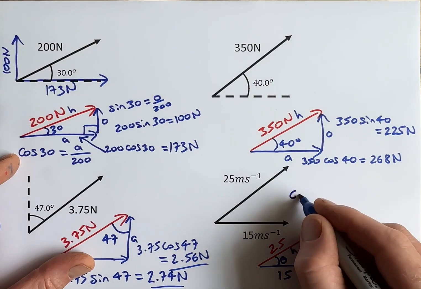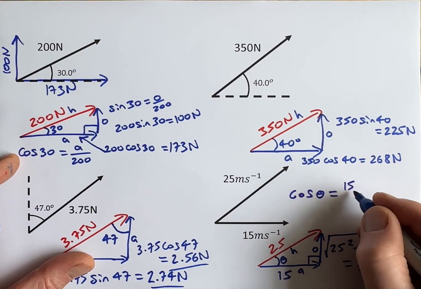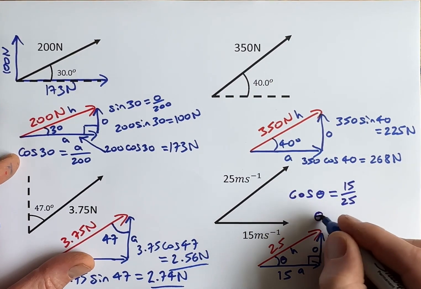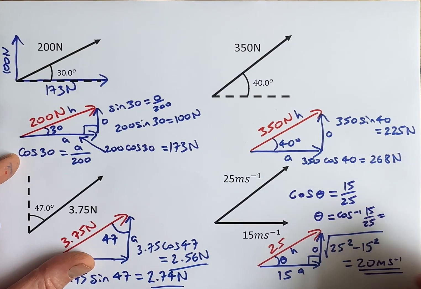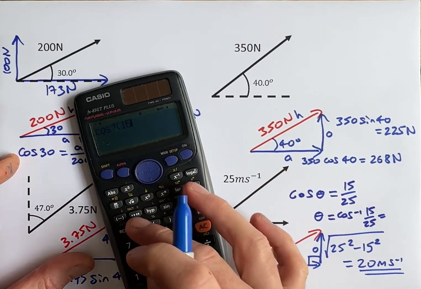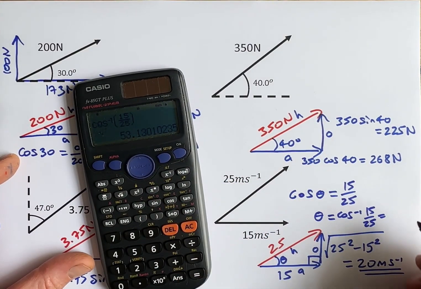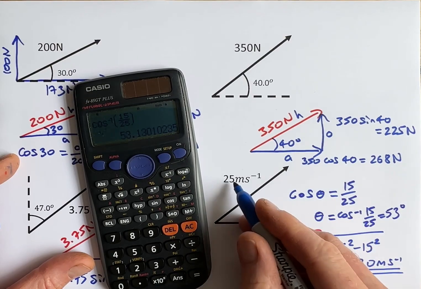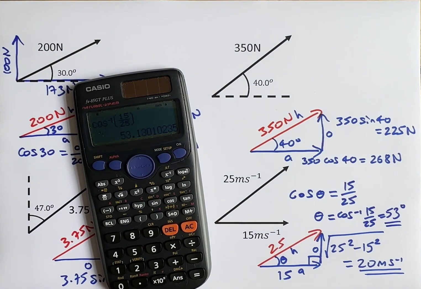So we know that cos of the angle is equal to 15 over 25, and therefore theta equals cos to the minus 1 of 15 over 25, which equals 53.1 degrees, which I'm just going to quote as 53 degrees because both of these were two significant figures, so we'll make this two significant figures. Okay, so there you go.